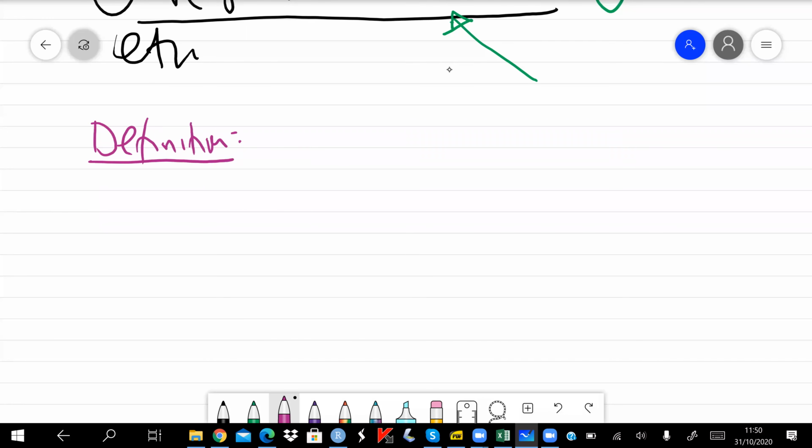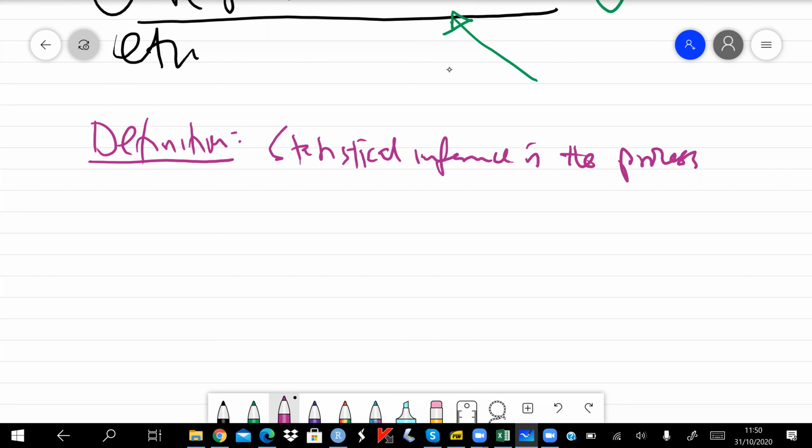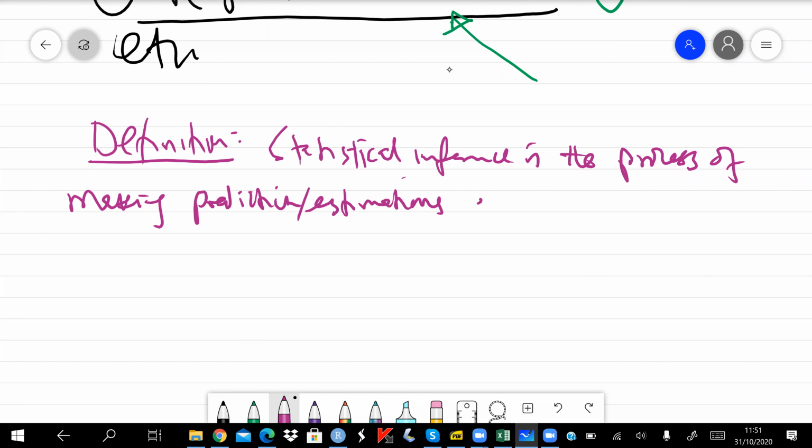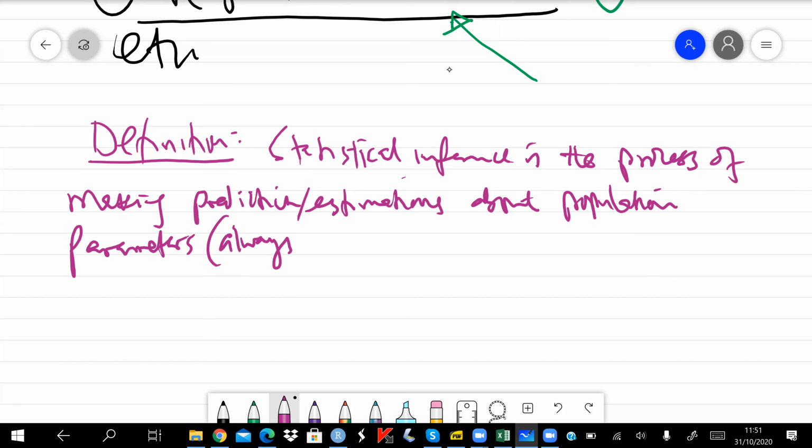Statistical inference is the process of making predictions or estimations about population parameters, which are always unknown.